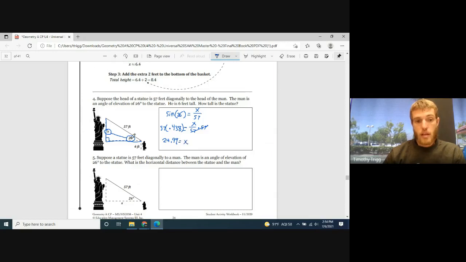So that tells us this length x. Now this one's a little bit tricky because notice this triangle starts from the height of the man, right? So you need to add an extra 6 feet to get the total height of the statue. So when we add an extra 6 feet, that gives us 30.99 as the height of the statue. Okay, that one's a little bit tricky.